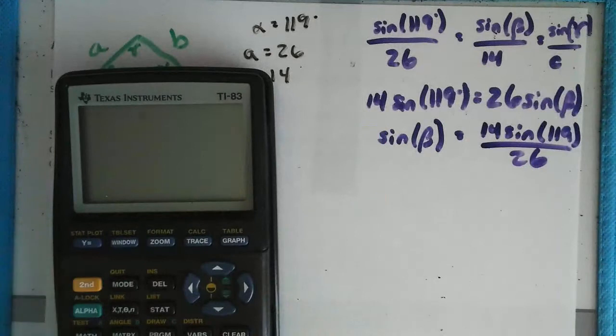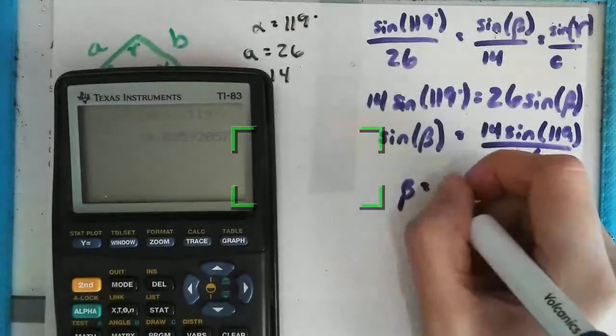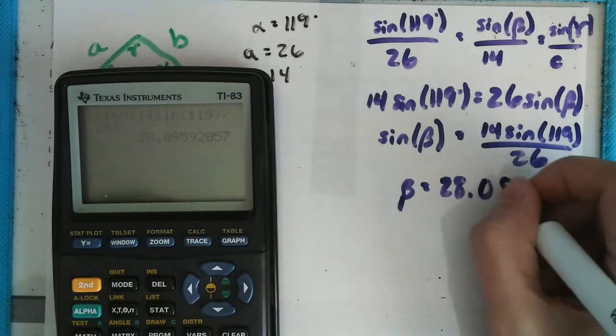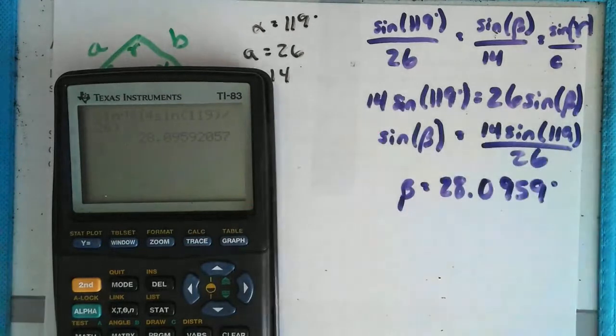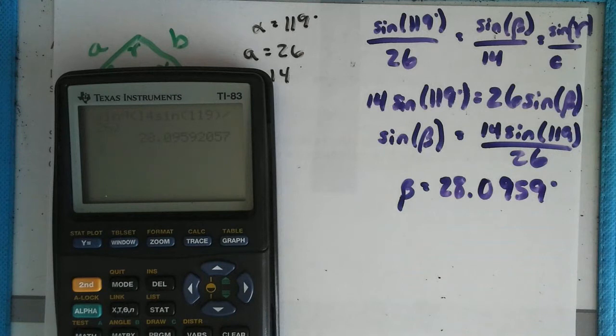So if I take the inverse sine of 14 sine of 119, and divide that by 26, I get the angle beta is 28.0959 degrees. But remember, sine is positive in quadrant 1 and quadrant 2.